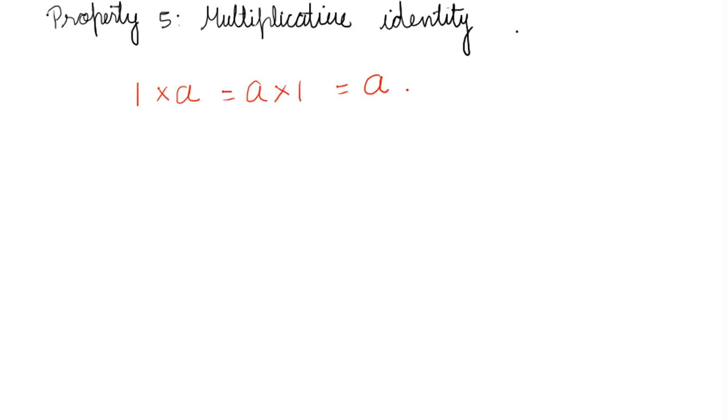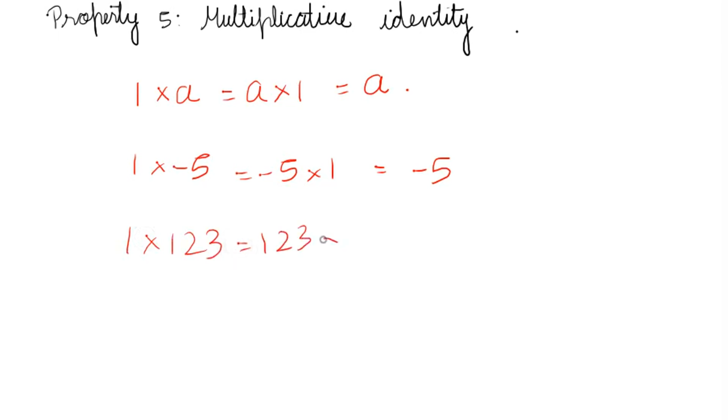For example, if it's 1 into -5 or -5 into 1, then you get back the same integer -5 as the product. Or if it's 1 into 123 or 123 into 1, then again you get back the same integer 123. So this is called the multiplicative identity for integers.